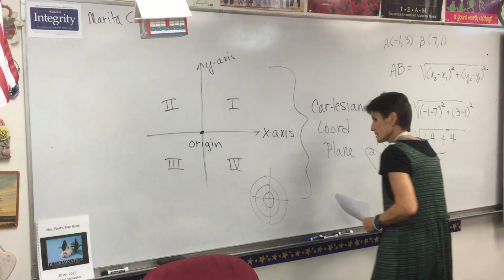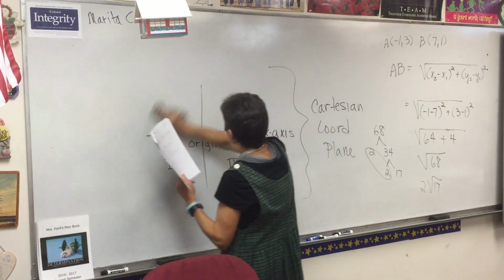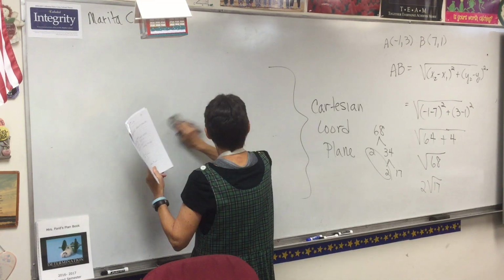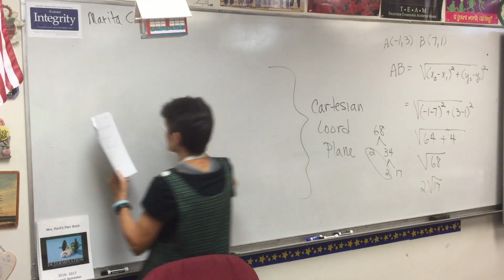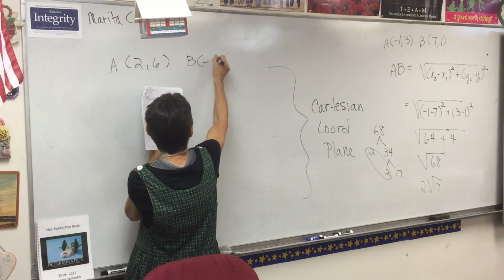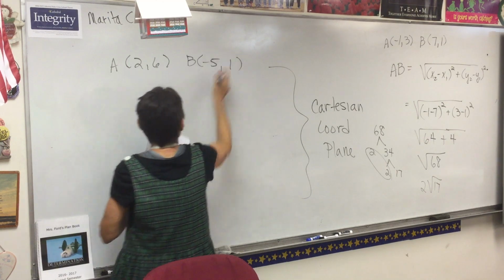Well, the good news is they're all done exactly the same way. The answers are going to be different, of course, but every single distance formula is done the same way. So let's go through this one together, and then I'll have you try a couple on your own. Here we go.